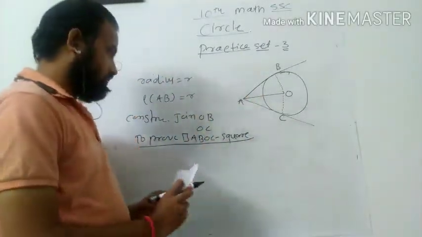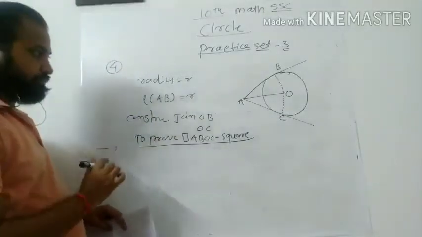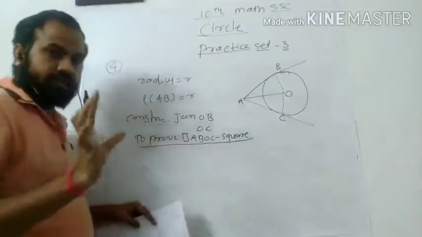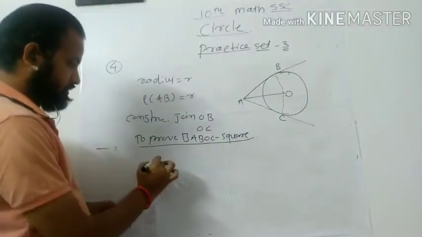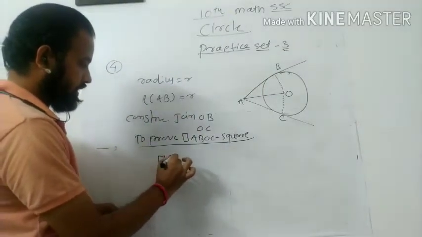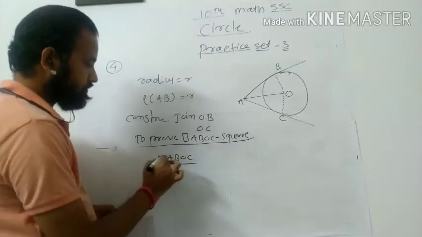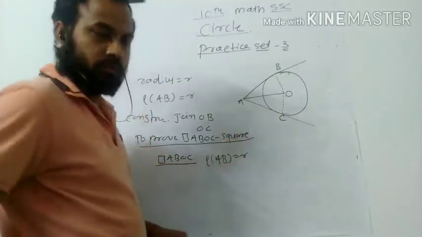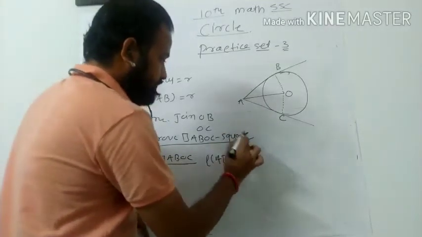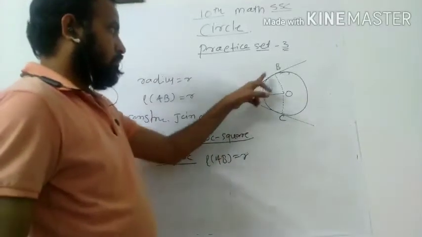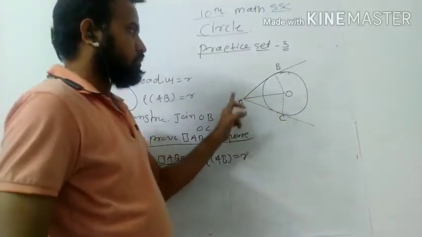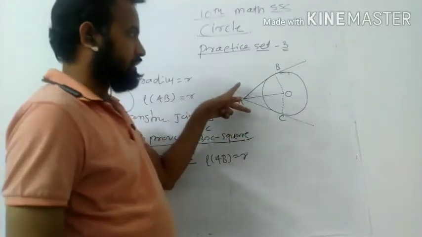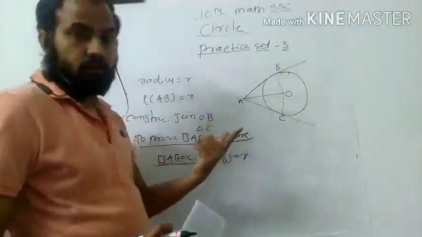Okay, now if we see in this problem, this particular AB is given as R, isn't it? This quadrilateral ABOC, the length of AB is given as R. If you see here, the point of generation of these two tangents is the same, and if two tangent segments are generated from the same point, they are congruent, isn't it?